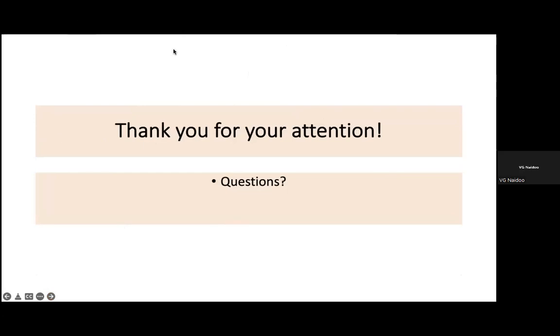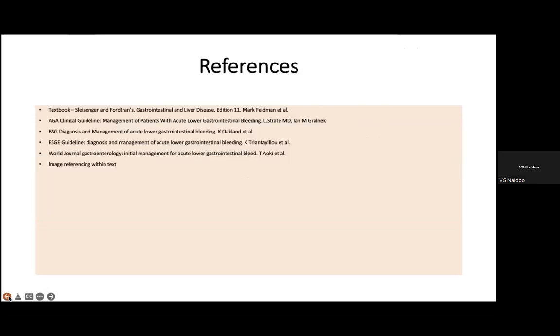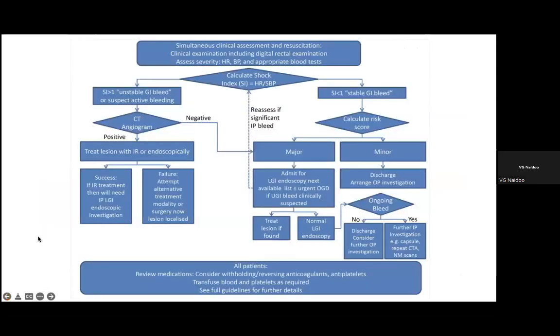Thanks, Barbara, for that overview of lower GI bleeding. There isn't too much I'm actually going to add on. Most of this is an approach in terms of an algorithm, so it's very rhythmic: stable versus unstable, etc. Some of these algorithms can be quite complex, but easy to understand, just lots of lines all over the show.